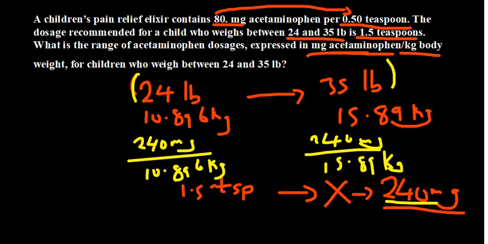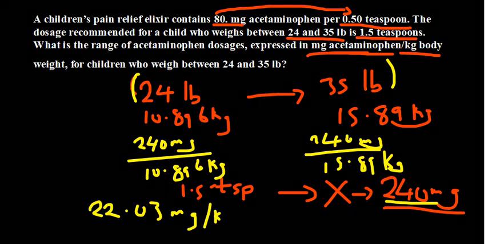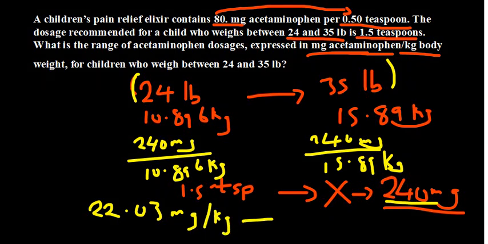So we have 240 divided by 10.896, which gives 22.03 milligrams per kg, all the way up to 240 divided by 15.89, which gives 15.